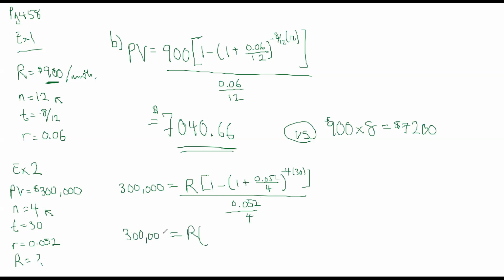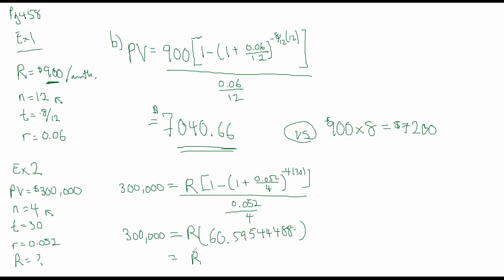So this time around, because I'm going to have to do a little bit of algebra, I'm going to solve that bracket portion first. 0.052 divided by 4 plus 1 to the power of negative 120. 1 minus the answer, divided by 0.052 divided by 4. That gives 60.595444488.